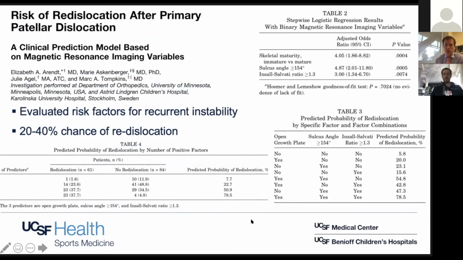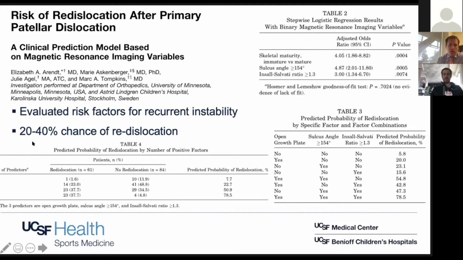Earlier this morning, we were talking about ACL injuries and shoulder instability, and we know that in those situations, you have a much higher chance of redislocating if you're young and after that first-time injury. The patella, though, can be lower, and it's much less likely overall that you'll have that second instability event.